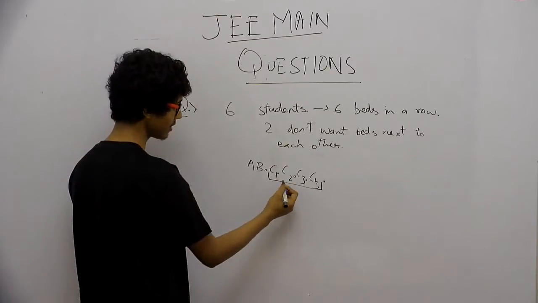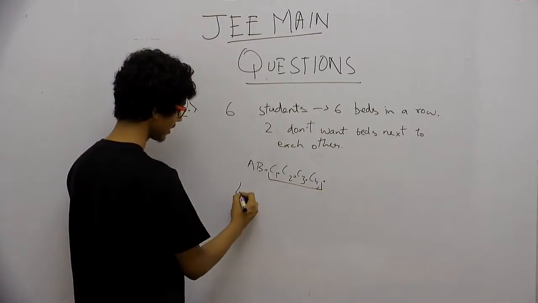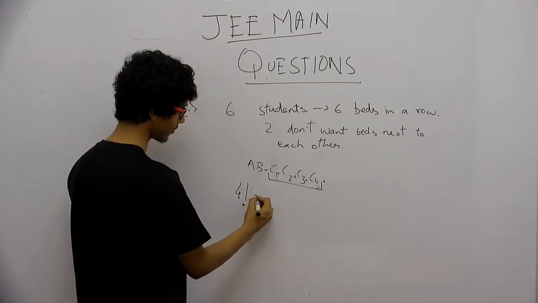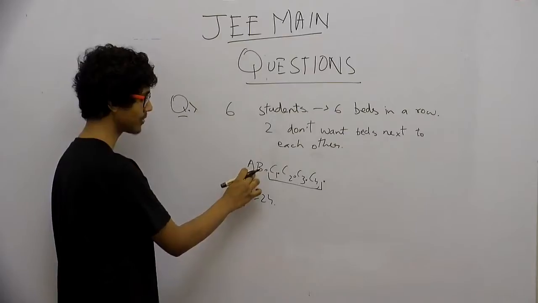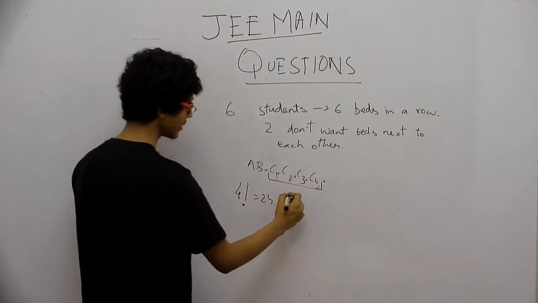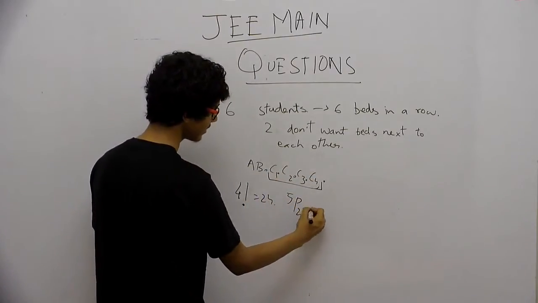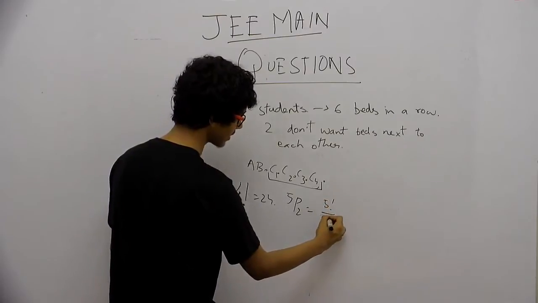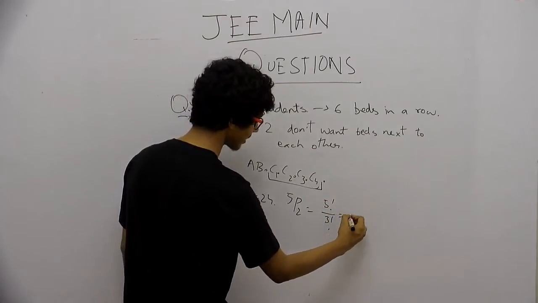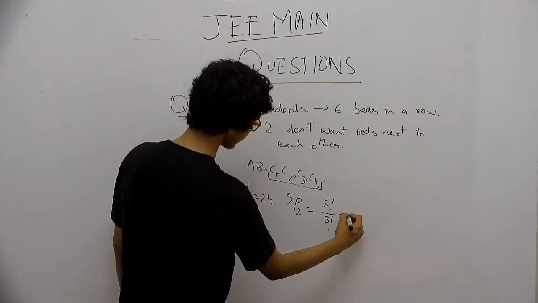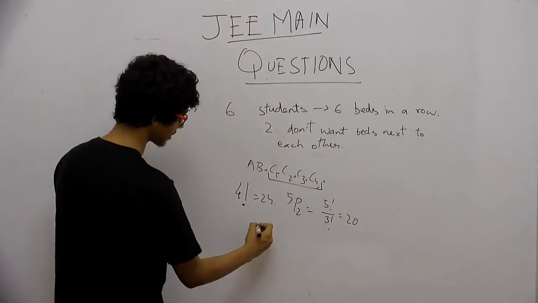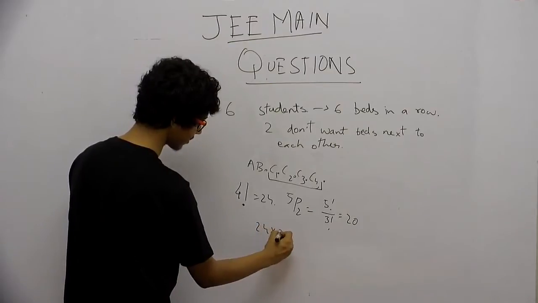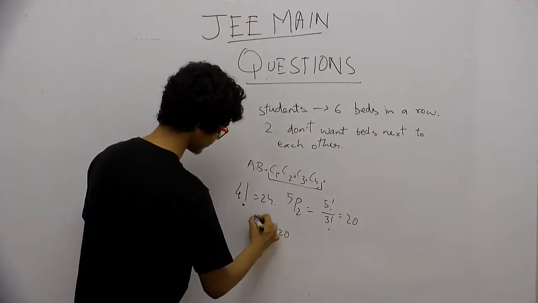So of course we can arrange these 4 in the ways of 4 factorial, that is 24, and then we can arrange 2 guys in 5 gaps in 5P2 ways, that is 5 factorial by 3 factorial, that is 5 into 4, which gives us 20. So the total number of ways is just the multiplication of this, that is 24 into 20 is the answer.